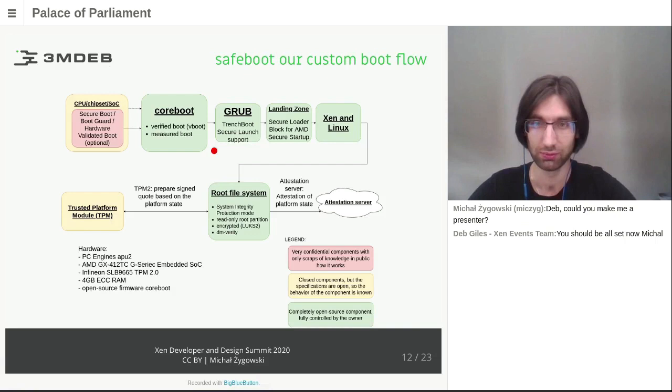And then, once we are booted into this final system, we also prepare a signed quote for the attestation. But also in this case, we are using the DRTM PCRs, not those from the BIOS. And then we send the quote to the attestation server, which responds with an answer whether the platform is trusted or not.